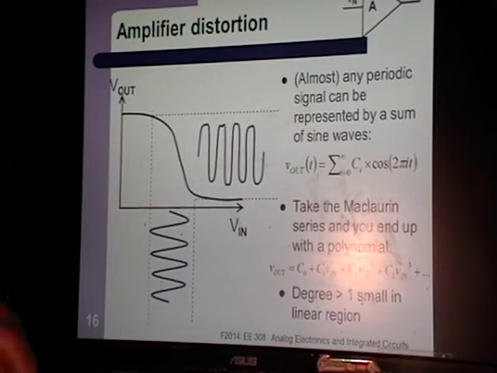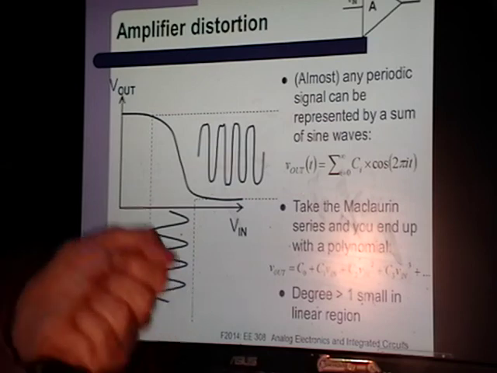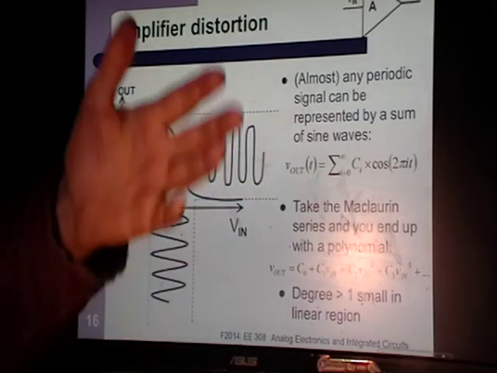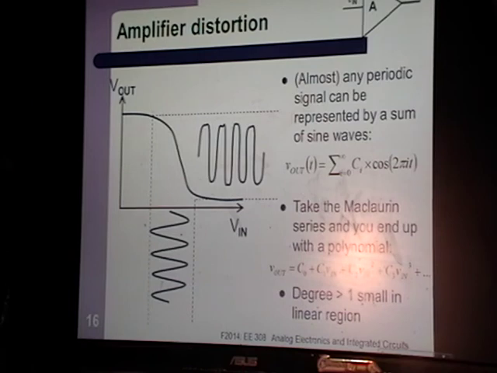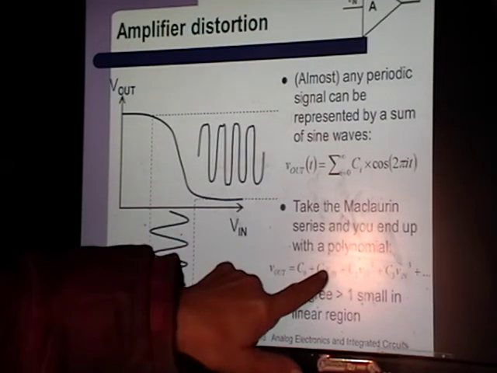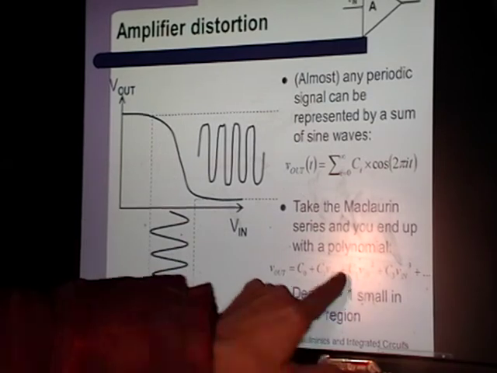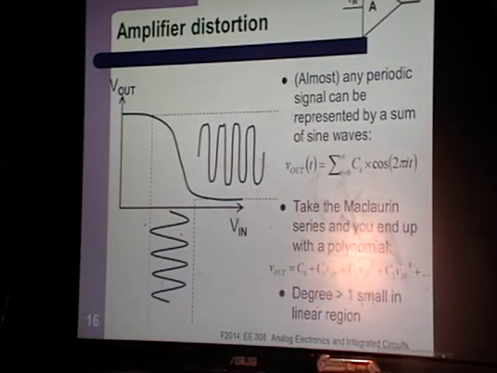We use superposition: just take the AC equivalent of the circuit and do analysis on that, which means you get to zero all the DC sources. So superposition, linear region, difference over difference, and that's your true definition of small signal.